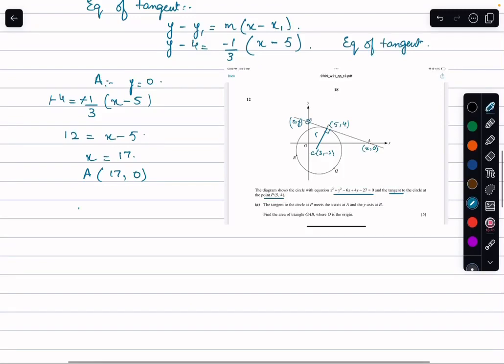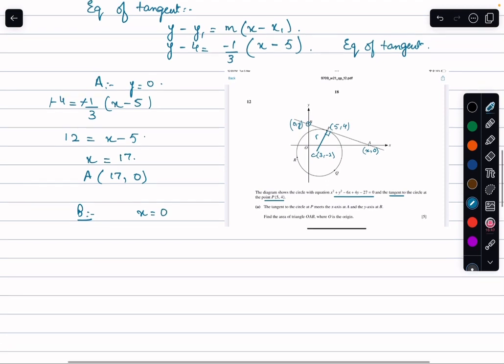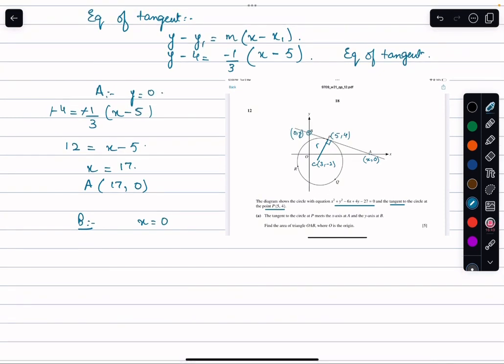For B, it lies on the y-axis, therefore the x-coordinate is 0. So in the tangent equation, I will be substituting x as 0, y minus 4 equals negative 1 by 3, and it's a 0 minus 5, meaning it's y, which is equals to a 5 by 3 and a plus 4.